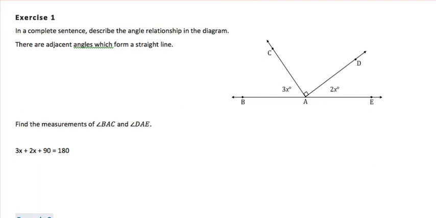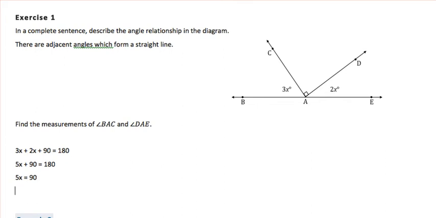And then to solve our equation, we would combine like terms, which will give us 5x plus 90 equals 180. And then we can subtract 90 from both sides, which will give us 90 degrees.